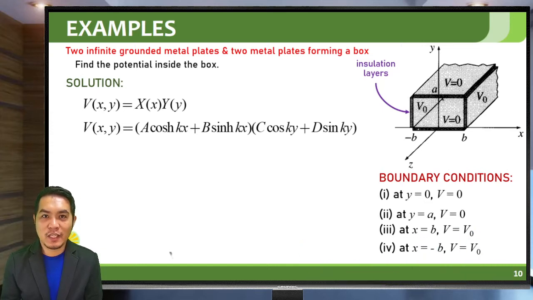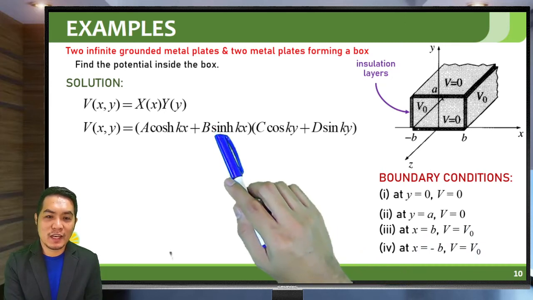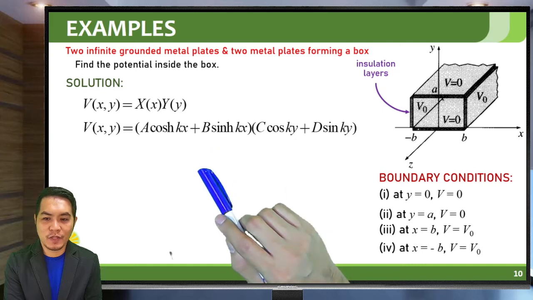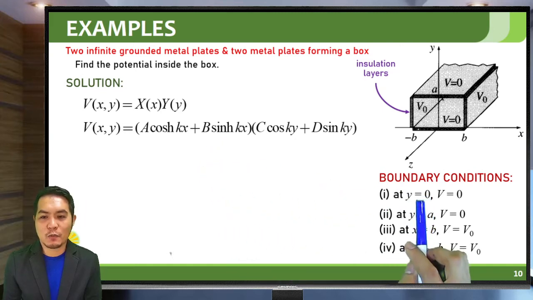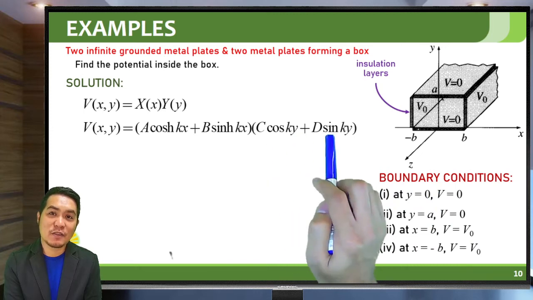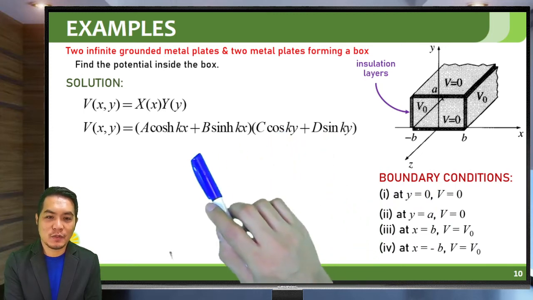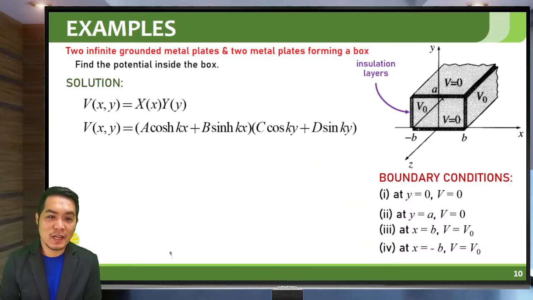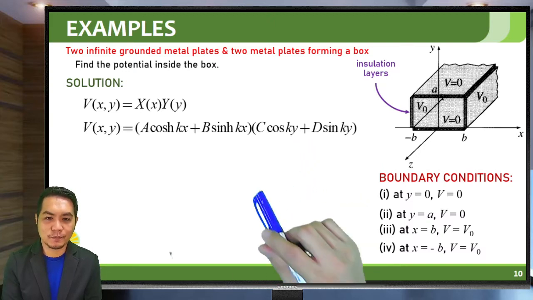So we will now prefer to use the hyperbolic solution for x. We will not use the exponential solution. And for the y solution, since there's a y is equal to 0 here, where the potential must be 0, we'll still use the sinusoidal solution. So this is just one of the 4 combinations for the two-dimensional Laplace solutions.